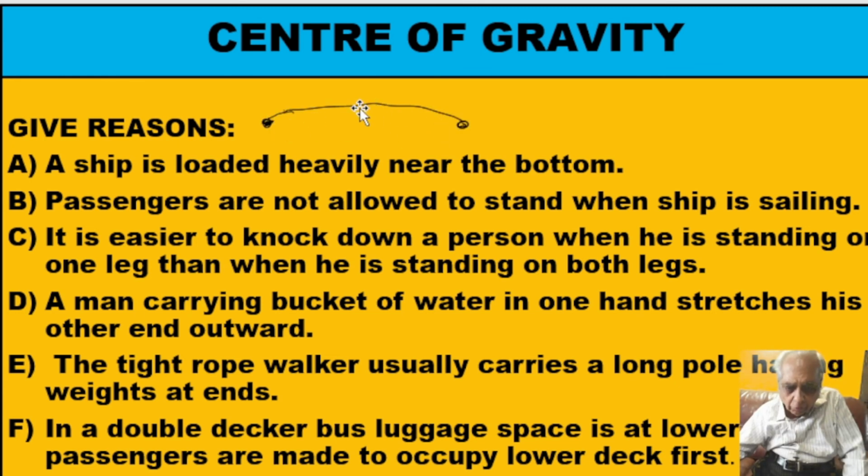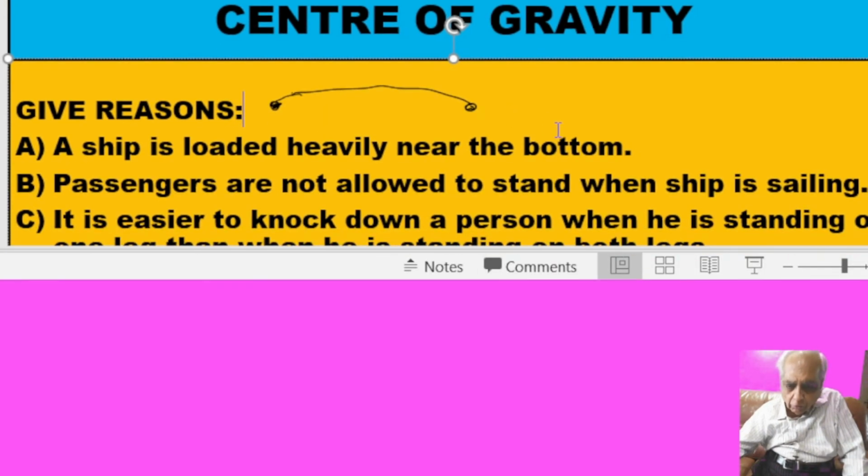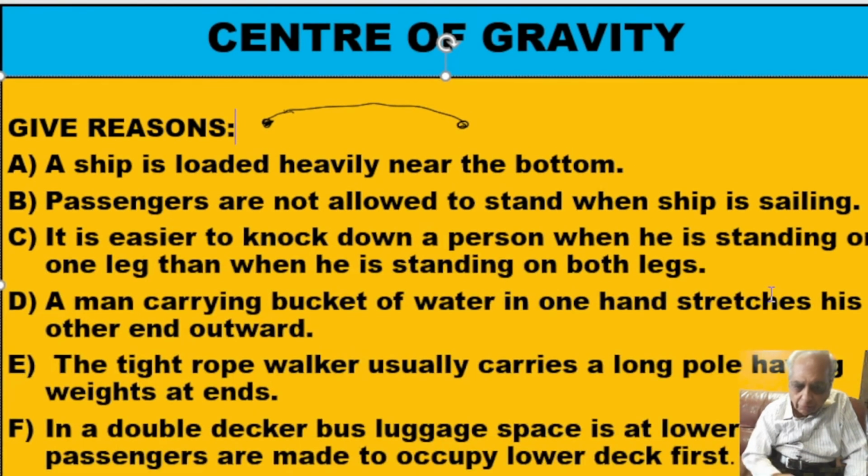A person is holding in his middle, in his hand. So the person is holding here and the weights are down. So center of gravity of this pole will come down. As center of gravity comes down, the center of gravity of the person along with this long pole will also become down. So when the center of gravity gets lowered, he is more stable.